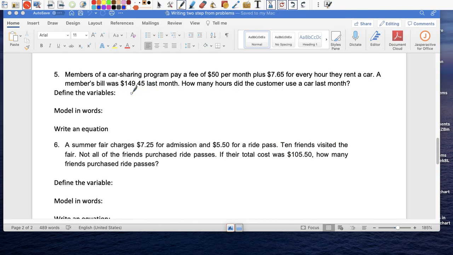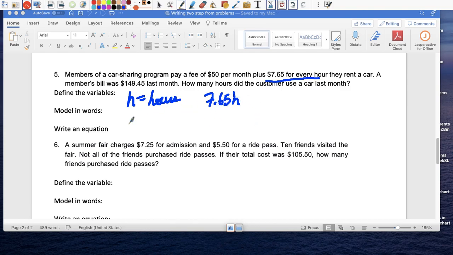So this month I paid $149.45, and that includes the $50 fee. Taking the $50 fee away, the rest was the hours that I used the car. H is going to represent the hours, and it's $7.65 for every hour, so 7.65 times the number of hours.